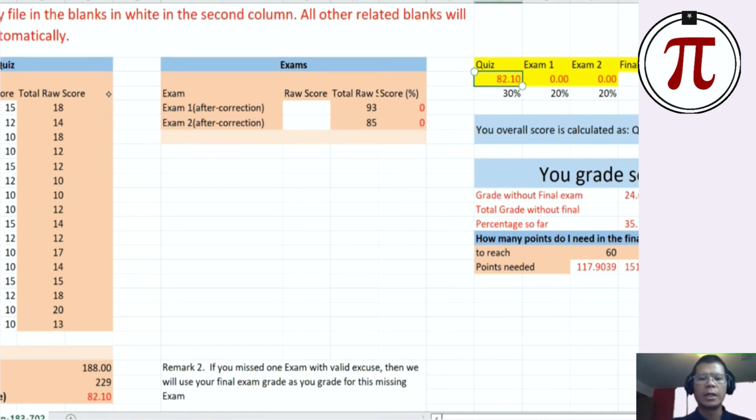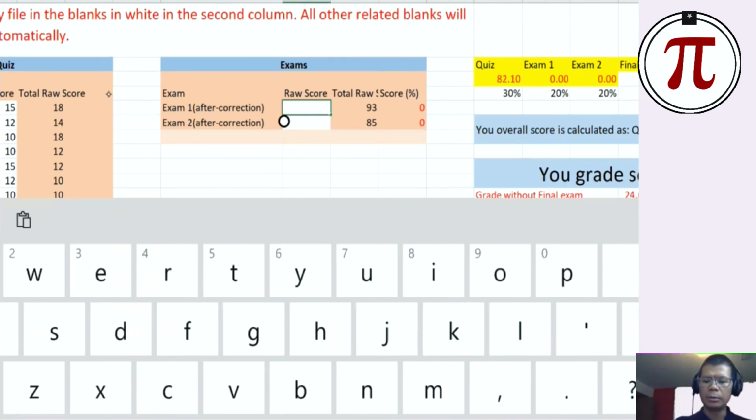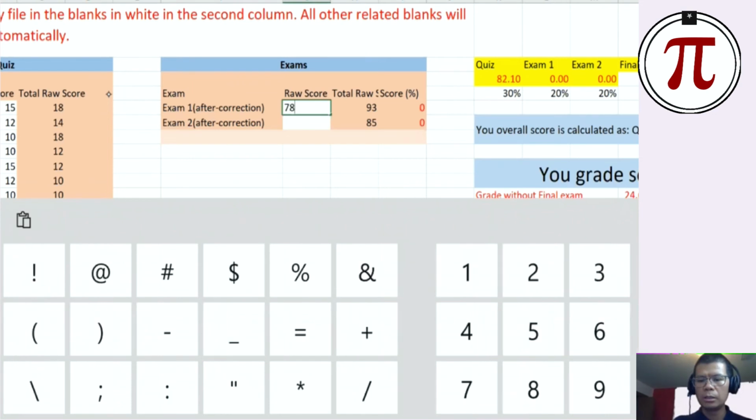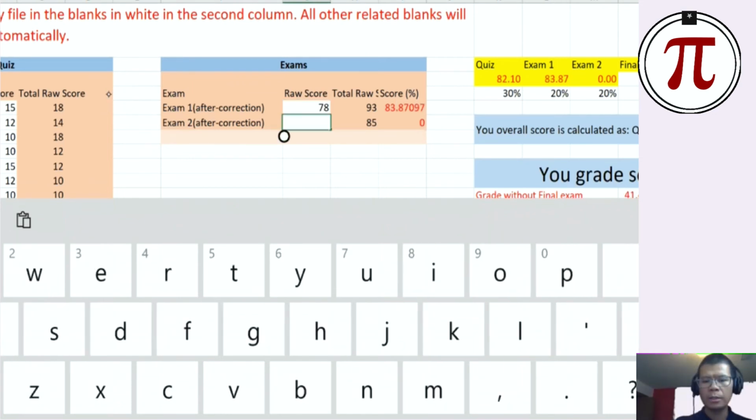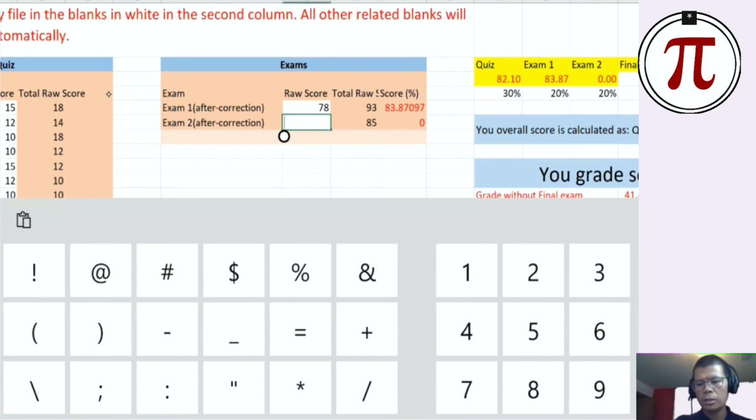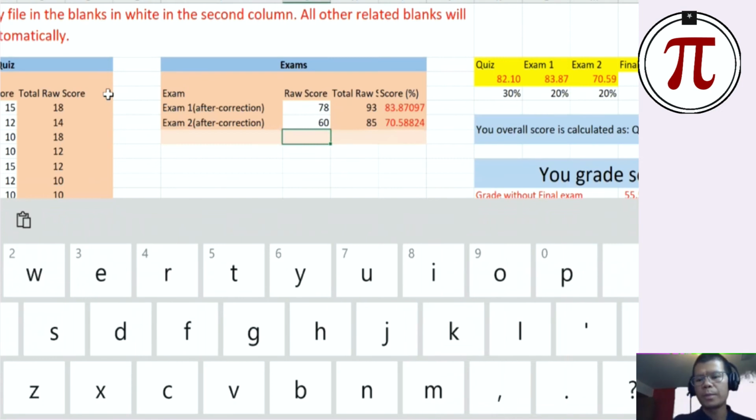And then you can just say here, exam 1 after correction, say that I got 78. I will just put 78 there. And in exam 2, say I'm getting 60.